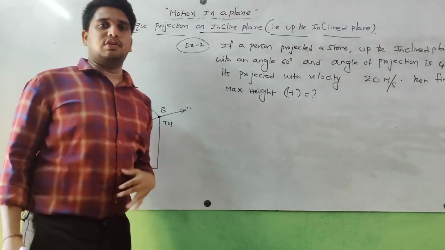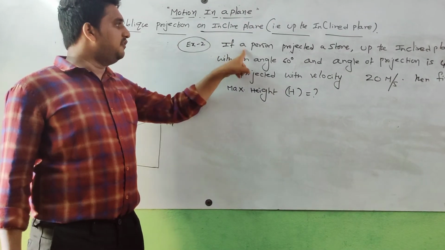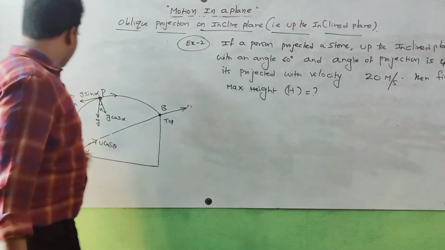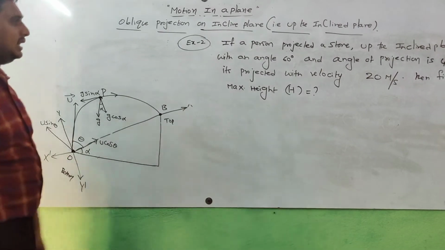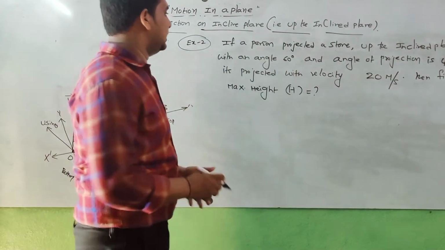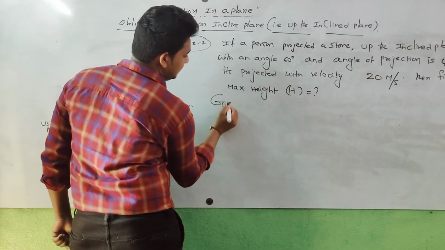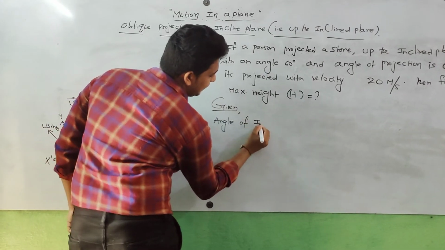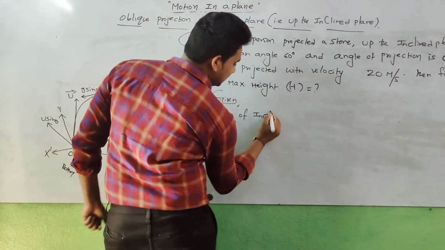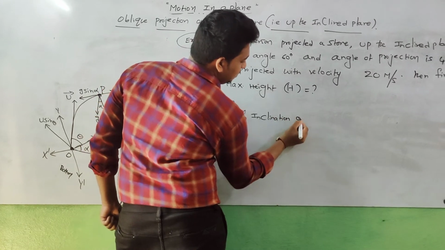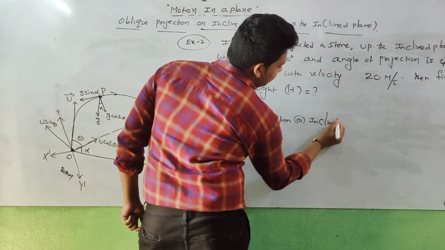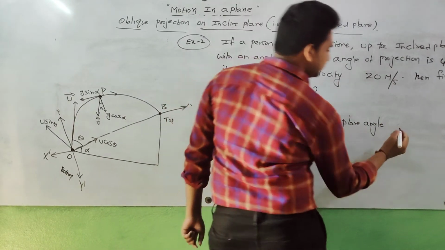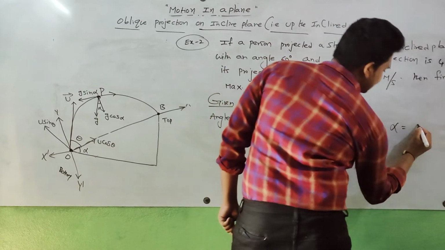Observe the question carefully. What is given? A person projects a stone up the inclined plane with an angle 60 degrees, that means the inclined plane angle alpha is equal to 60 degrees.